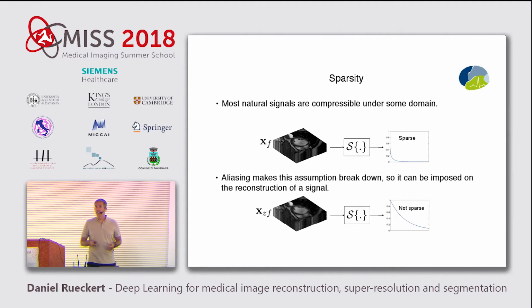The key idea here is, if I take my data set and I have no artifacts in my data set, I can put it through a sparsity transformation. Let's call this S. And after I've sparsified it, I can basically represent it using a number of coefficients, but the number of non-zero coefficients which I need to use is going to be very low. Okay? So I only need a small number of non-zero coefficients.